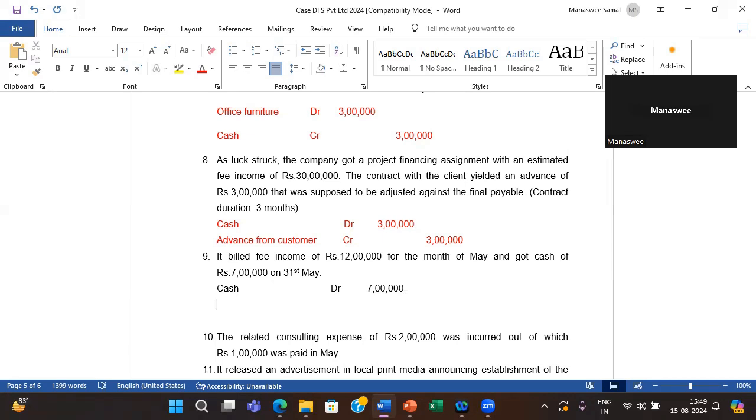Balance should be trade receivable, right? Credit or debit? Debit, it's an asset, right? So 5 lakh rupees.